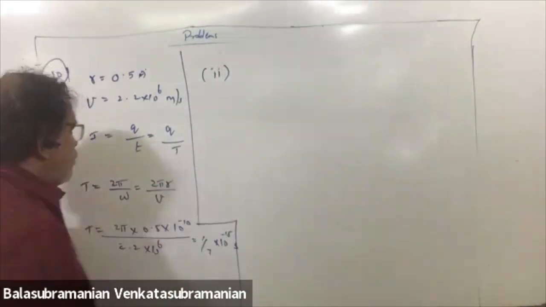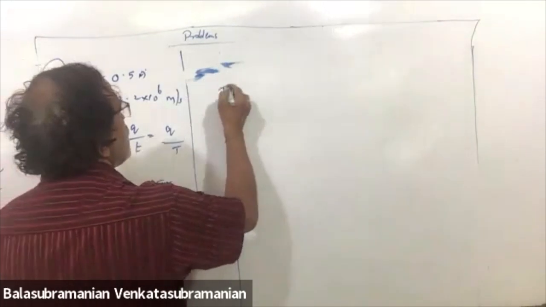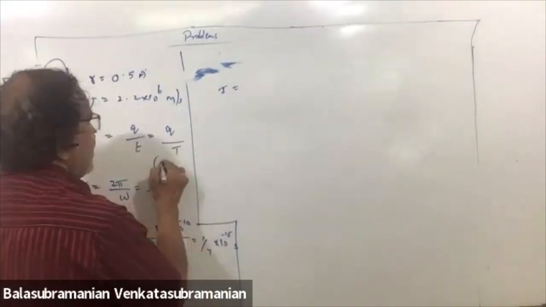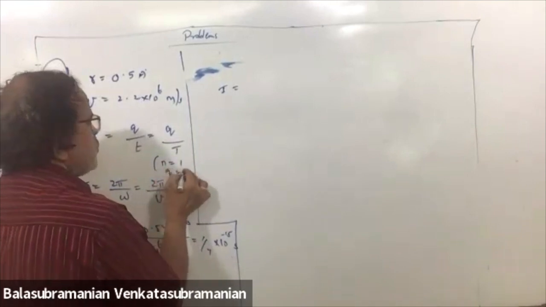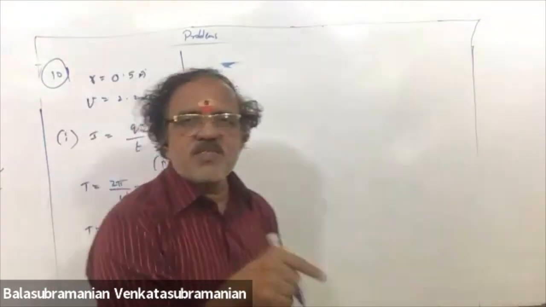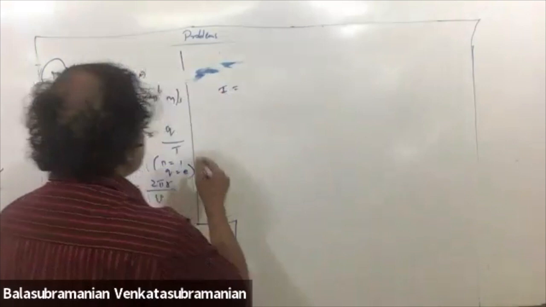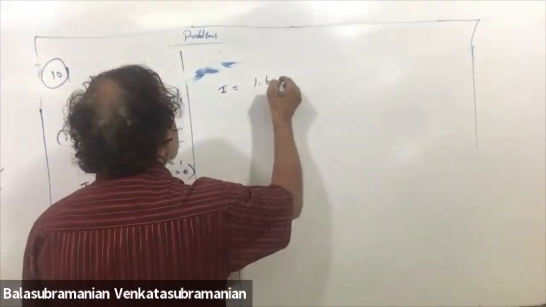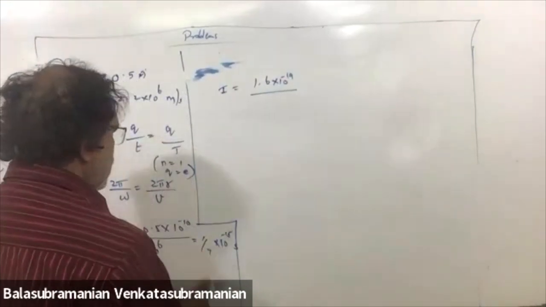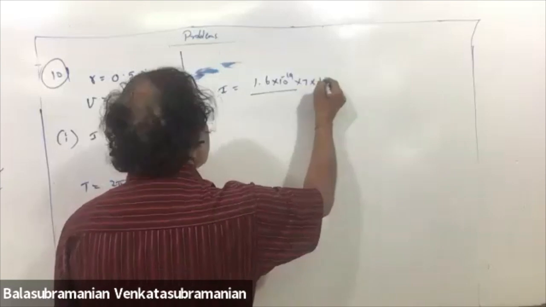Now the current, you have to calculate. I is equal to Q, which is N e. N here is 1, so Q is equal to e, one electron only, see the question. So I can write 1.6 into 10 power minus 19 by T. T is 1 by 7 into 10 power minus 15.